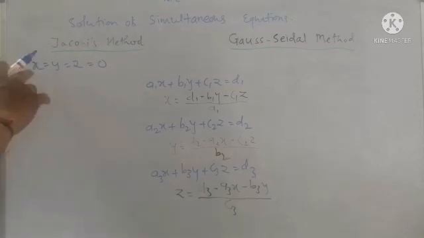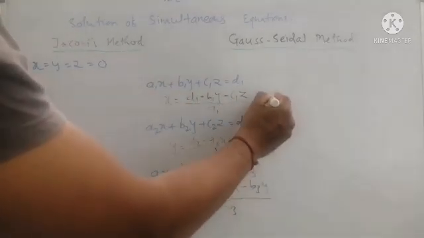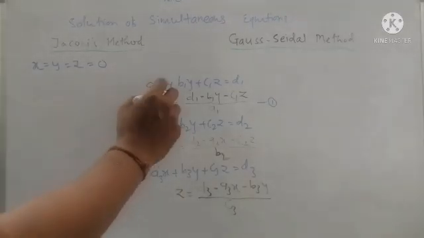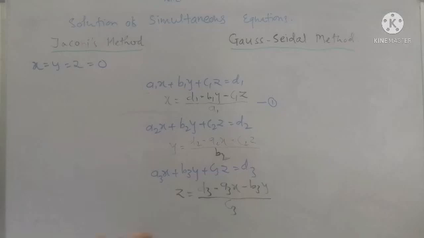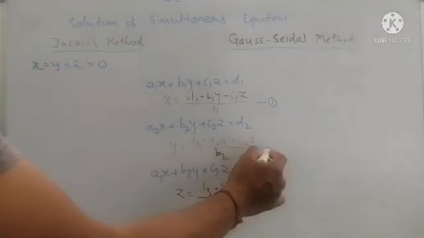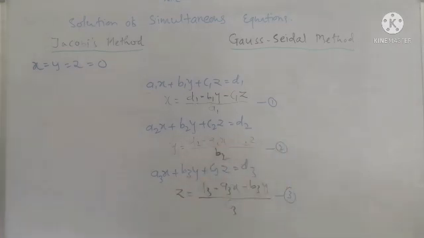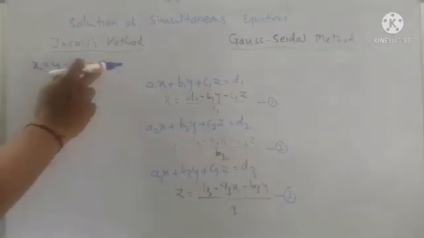So to find x we use this equation. We call this equation 1, which is the value of x in terms of y and z, drawn from equation number 1 of the given system of equations. Equation 2 is the value of y and equation 3 is the value of z. To find the value of x, we have to use equation number 1, in which we put y and z as 0, 0.